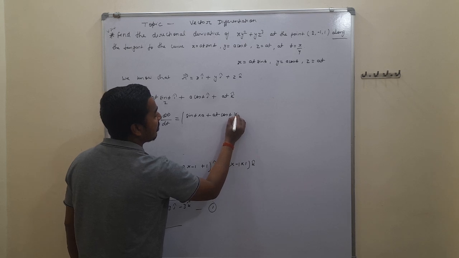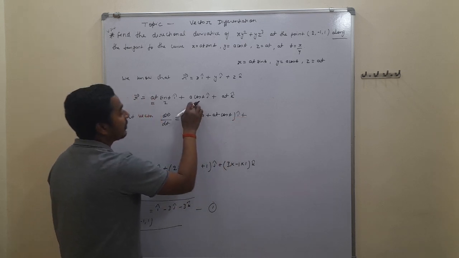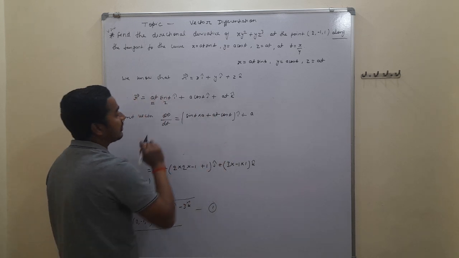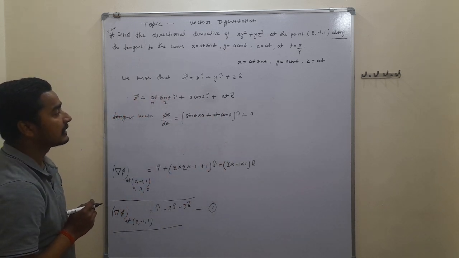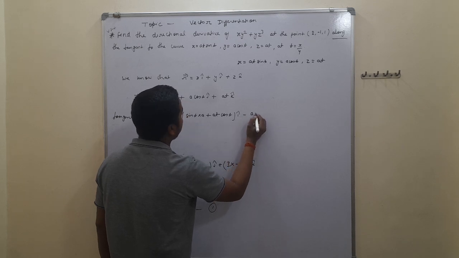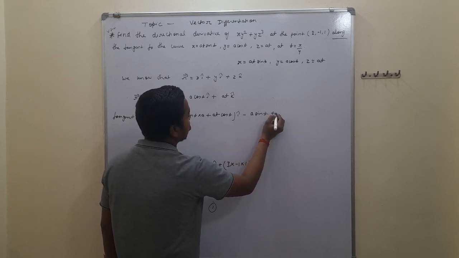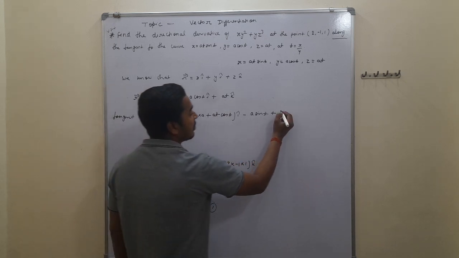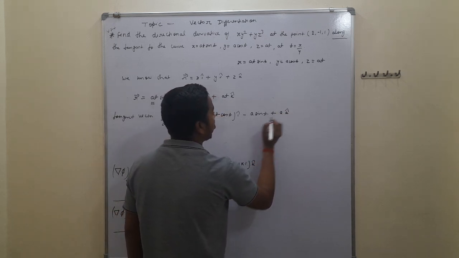and this is i cap, plus here a is taken as constant, and differentiating cos t with respect to t gives minus sin t. So we write here minus a sin t, and plus differentiating a t with respect to t gives a k cap.